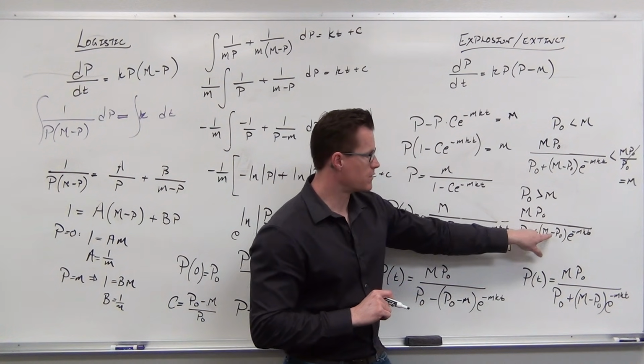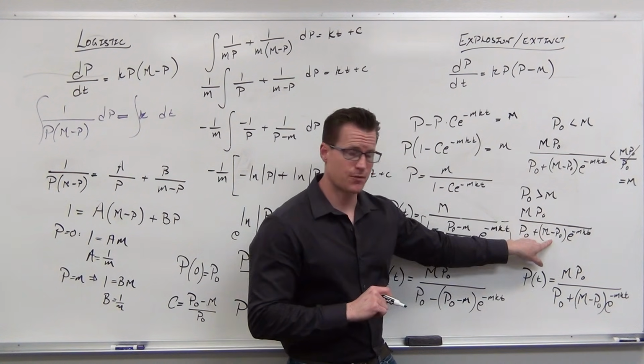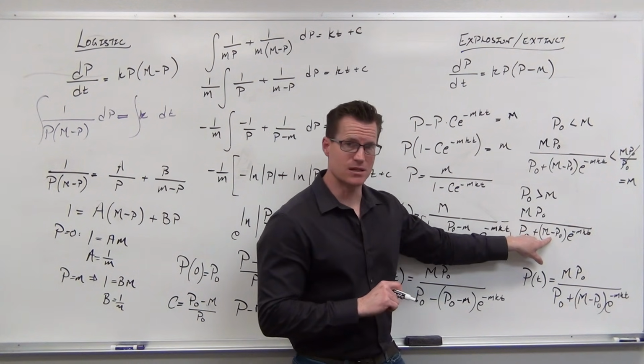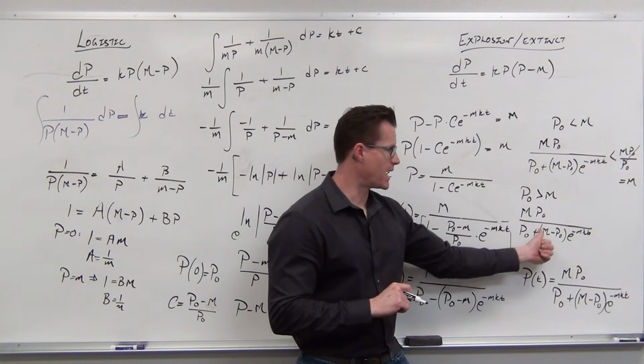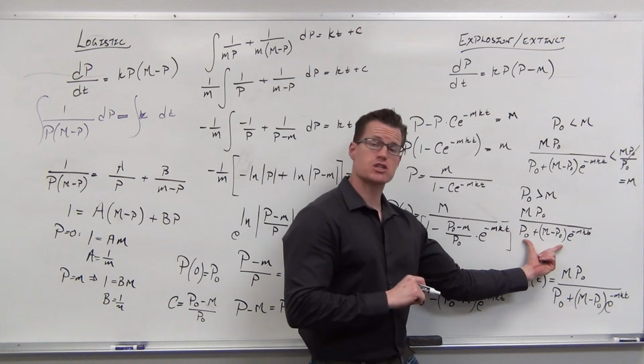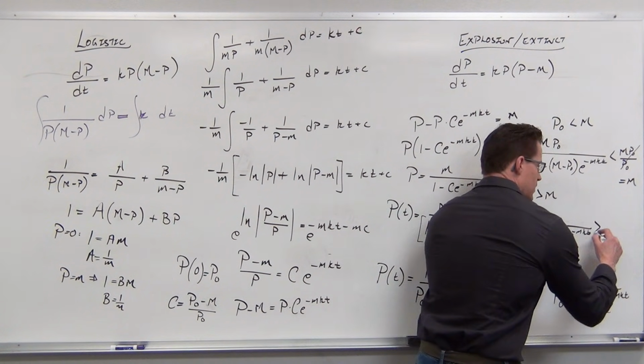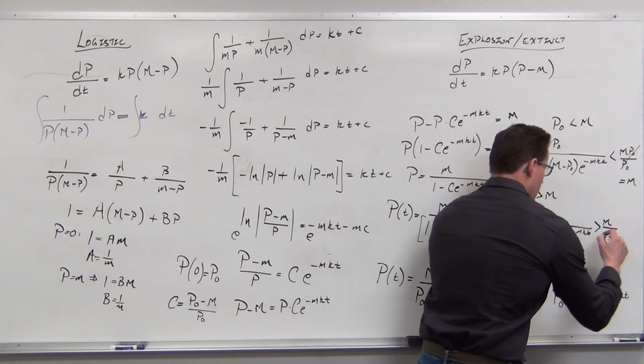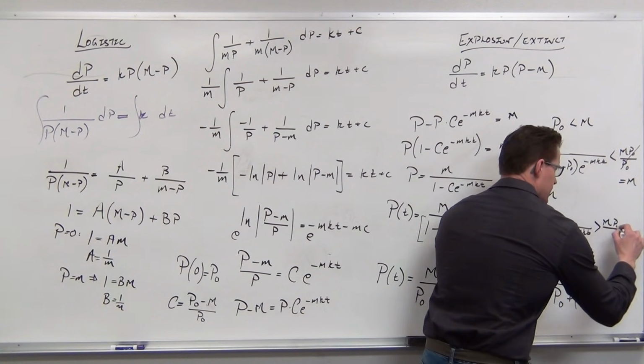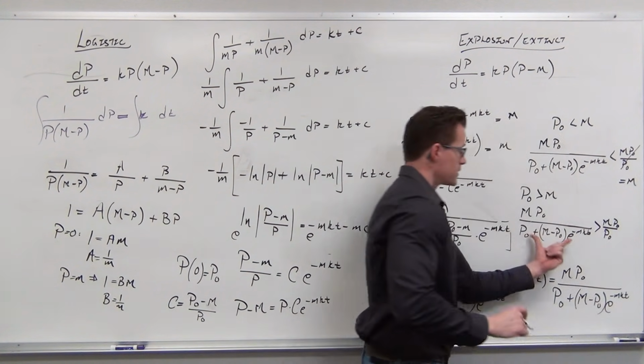If this number's bigger than this number, this is negative. Negative times a positive is a negative. You take something positive minus another number, this would be smaller than p sub 0. Therefore, this fraction would be bigger than m over m times p sub 0 over p sub 0. This would be bigger than that.